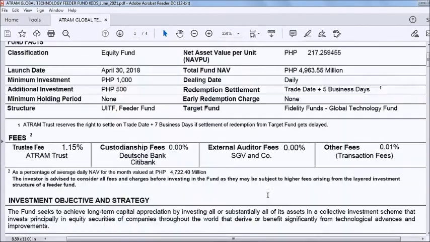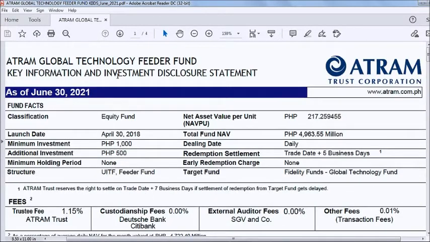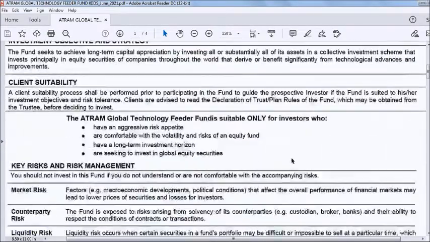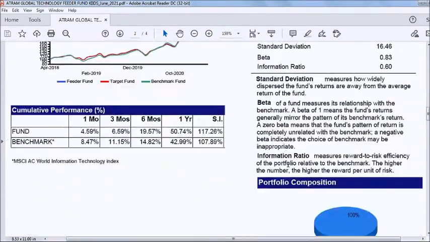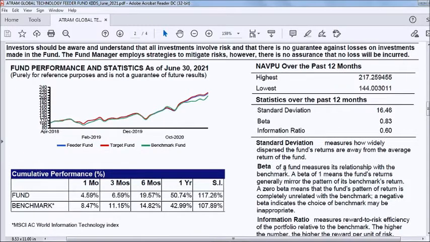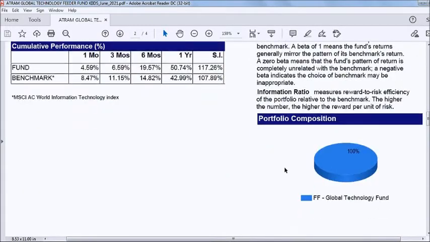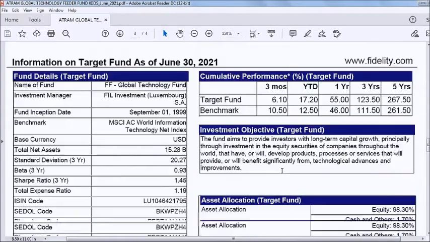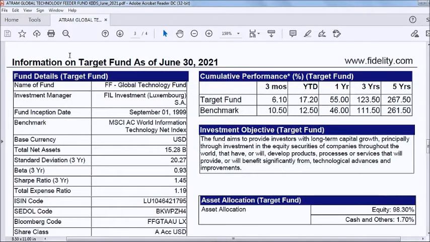Again, this key information and investment disclosure statement is as of June 30, 2021. So the figures and the data may be different as we speak because September na ngayon. So there, information on target fund as of June 30, 2021.